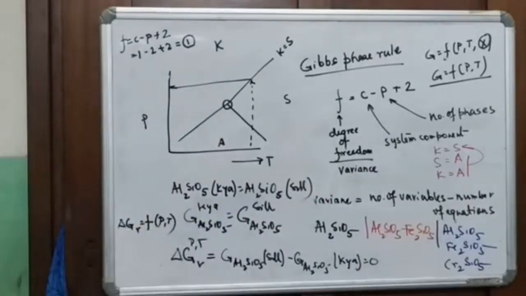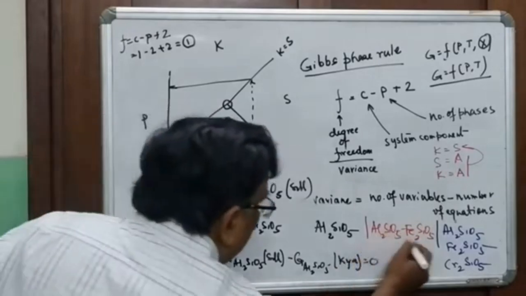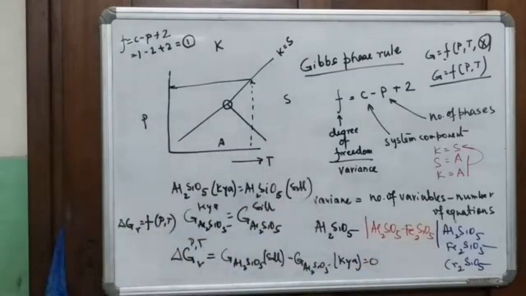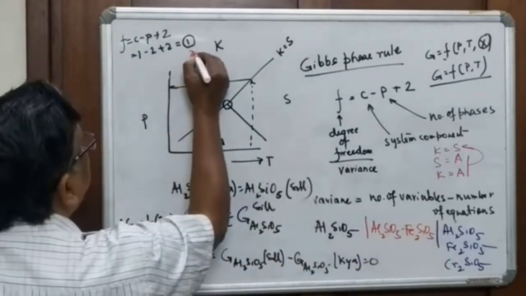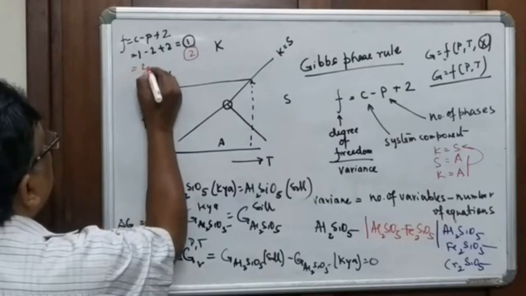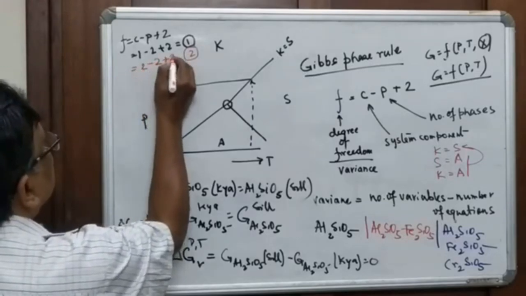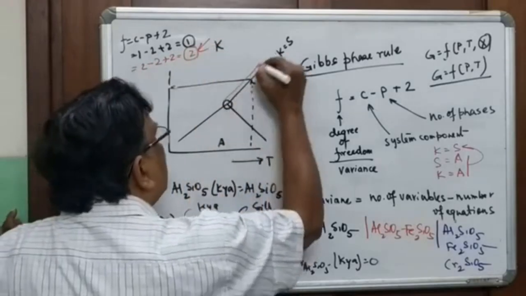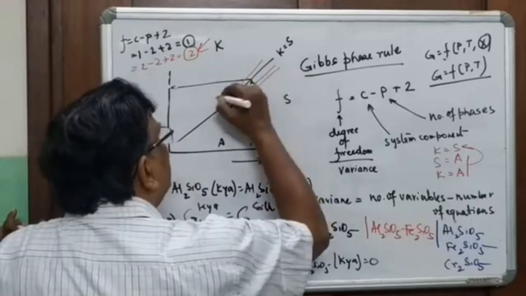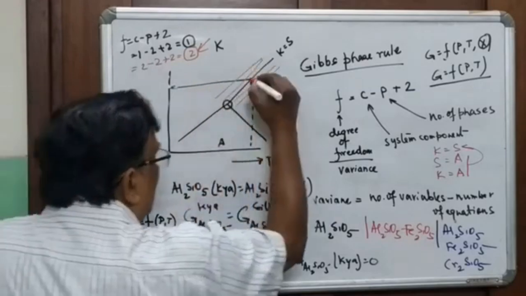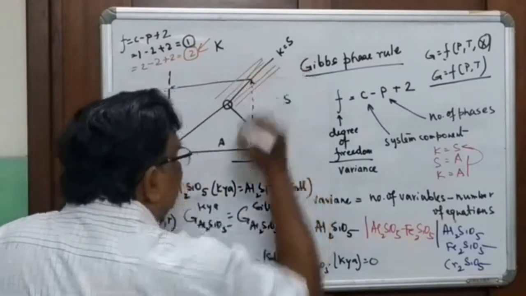So what does this Gibbs phase rule now tell you? If you have this phase diagram, the variance will be 2, because this will be 2 minus 2 plus 2 equals 2. So this will not be univariant, but bivariant. Have you understood? This will be a bivariant field.